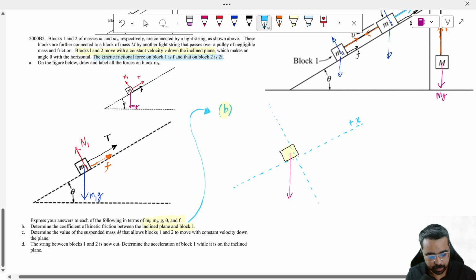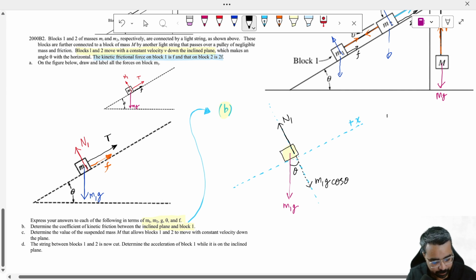If we break down the vector mg into its components, we will see that one component along the y-axis equals m1g cos theta, as this is angle theta. Is this not equal to the normal force? This is the normal force N1.